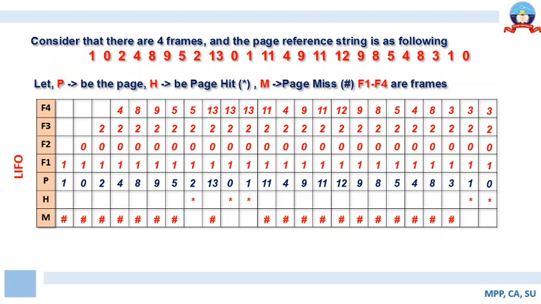So as in case of FIFO and optimal page replacement algorithm, here there are 5 page hits and 19 page misses. So your page hit ratio will be 5 by 24 into 100, and page miss ratio will be 19 by 24 into 100. So that is the way the page hit ratio and page miss ratio will be calculated in case of last in first out page replacement algorithm.